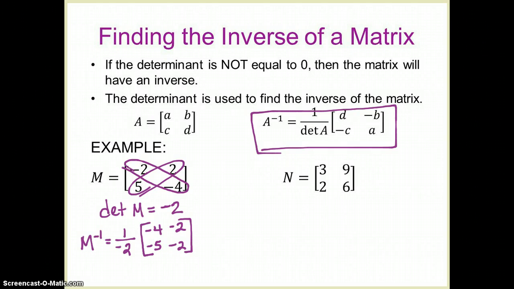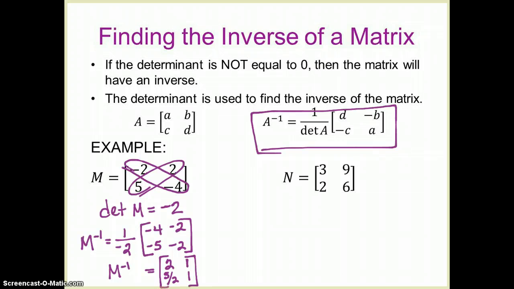So what I want to do with this then is simplify this out so that I have just my matrix. In other words, I want to do the scalar multiplication. M inverse is going to be equal to, we just take -1/2 times everything: +2, +1, +5/2 or 2.5, and +1 again.